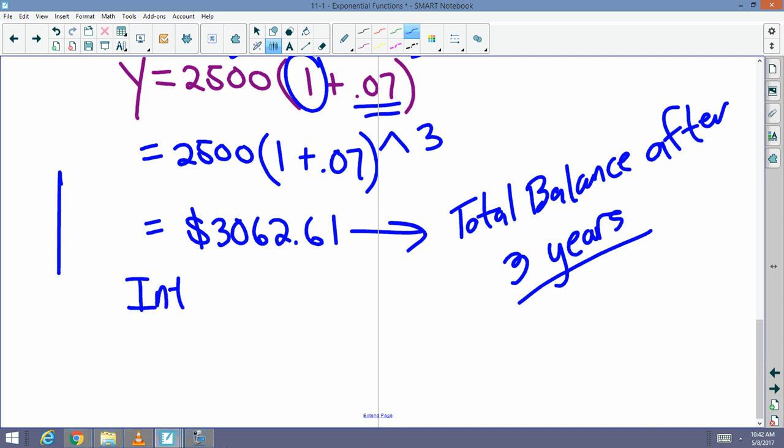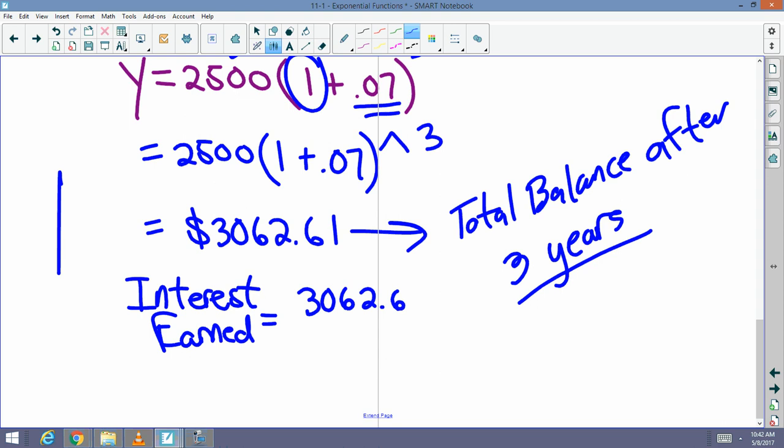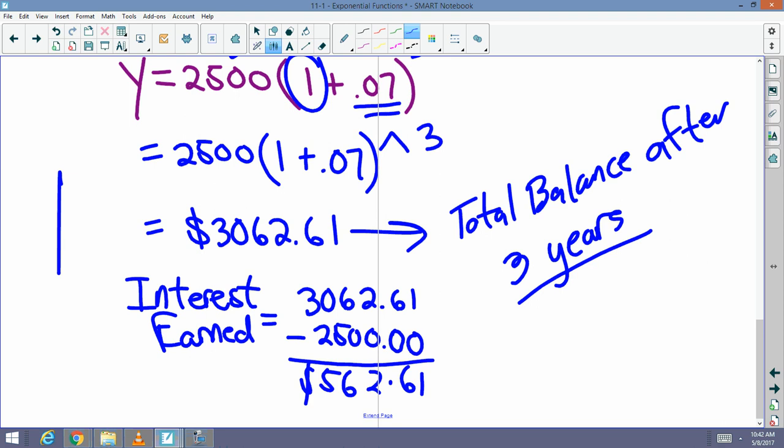The interest earned would be 3,062.61 minus my 2,500, which would equal, that's right, $562.61. And that's how much I earned in interest. That's how much I made.